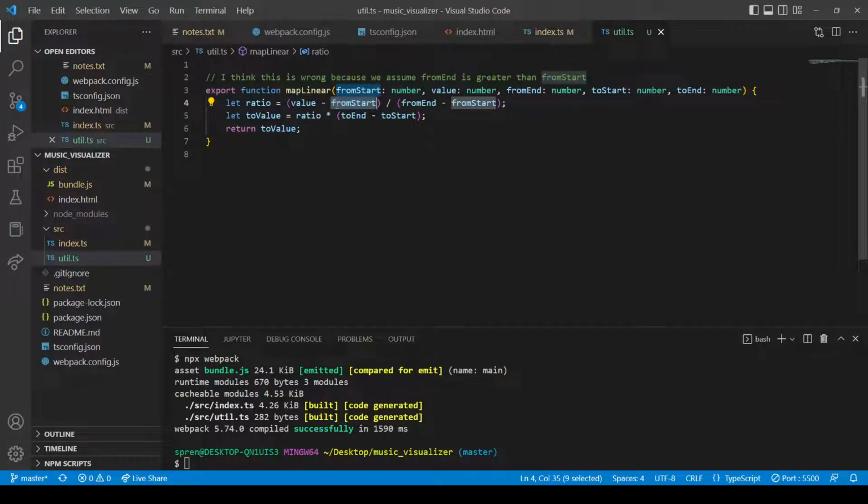So if the sample is -1, then we get 0. Oh, is that right? Oh, okay. I actually want to do y start plus this.